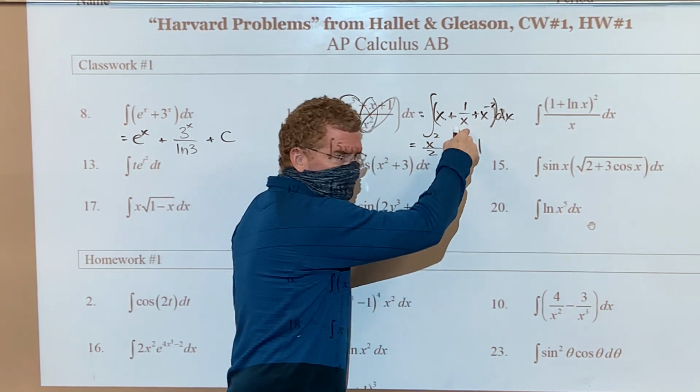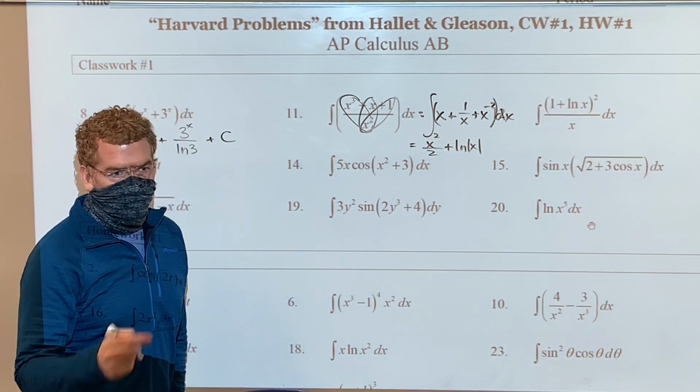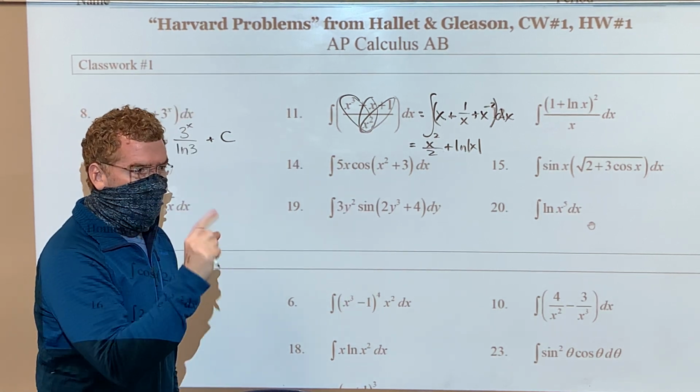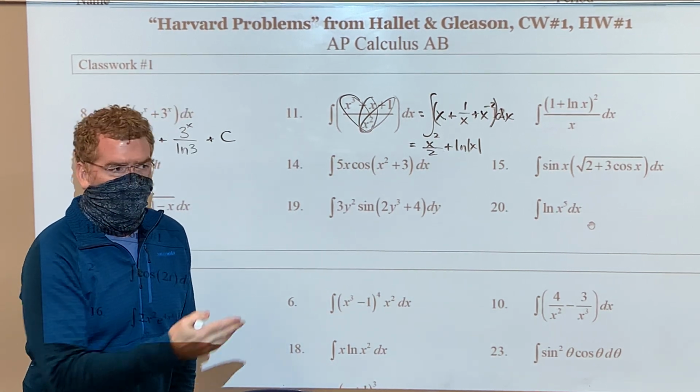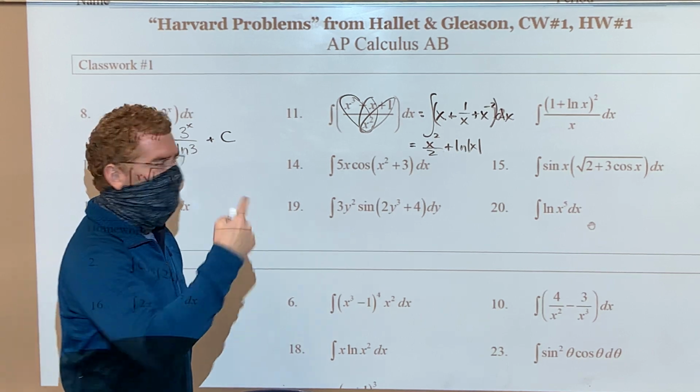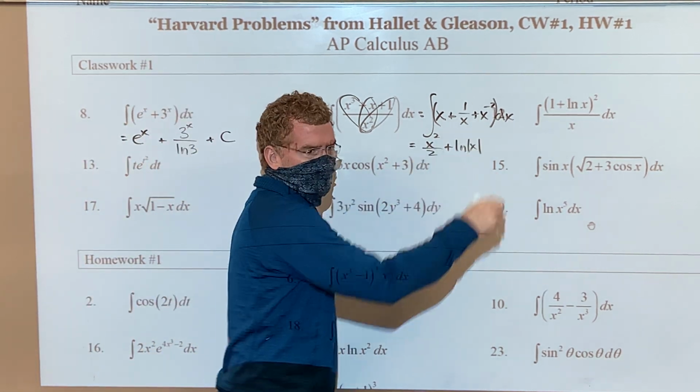That's a rule, right? The only time it's ln is when it's an x to the first in the denominator, or a u to the first. Any other power, you move it up like you did in that third part and treat it like a power rule.